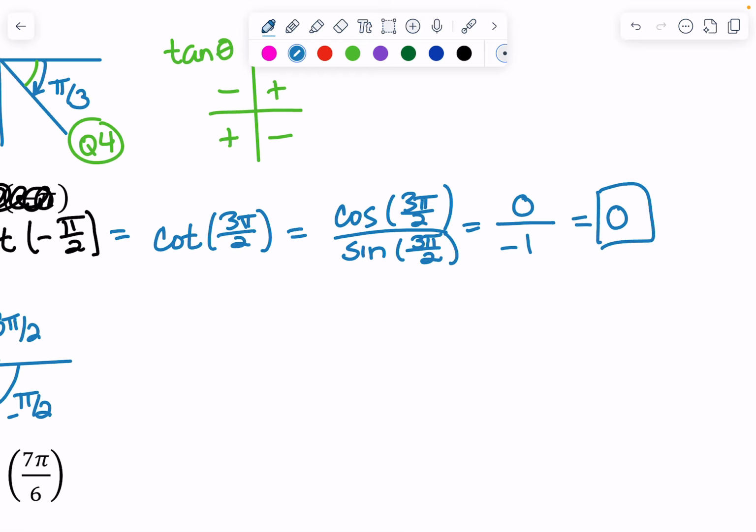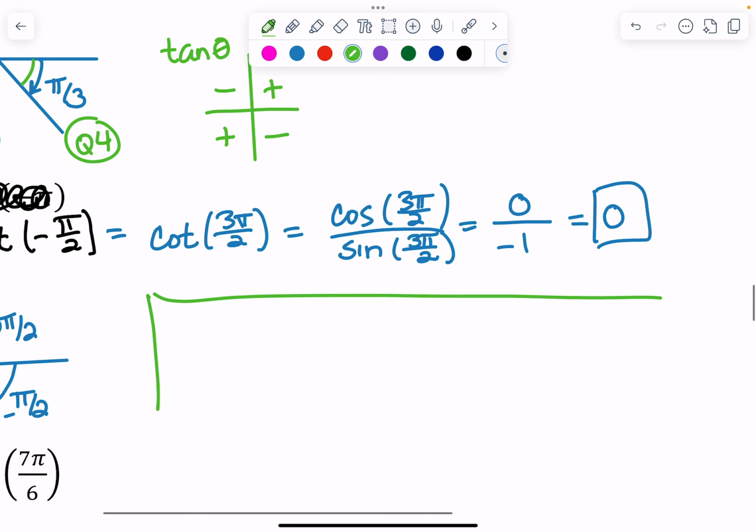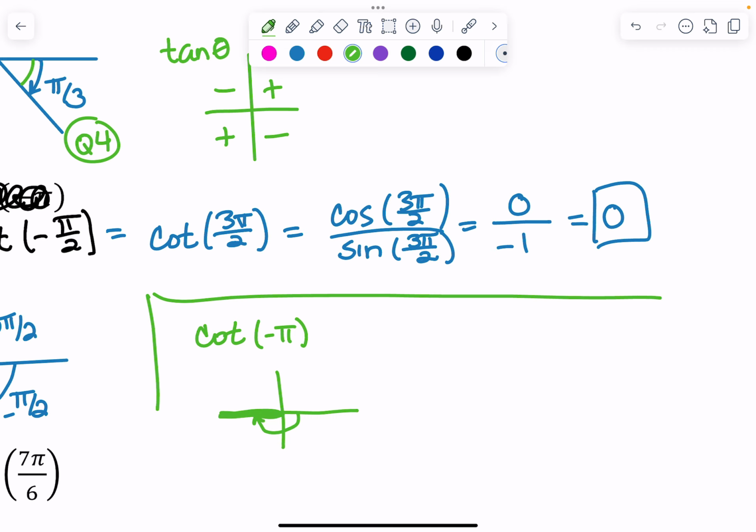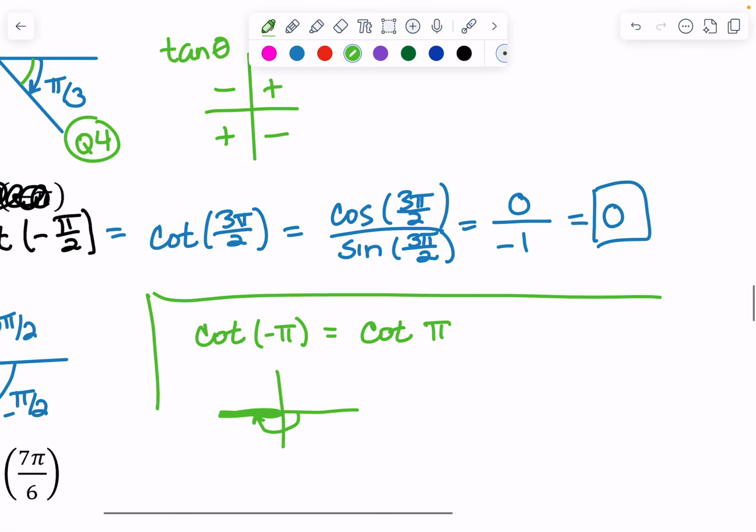The reason that I changed that one is that if I had cotangent of -pi, then what I'd be looking at is going around like this. My angle would be right here on this axis. That's the same as cotangent of pi.